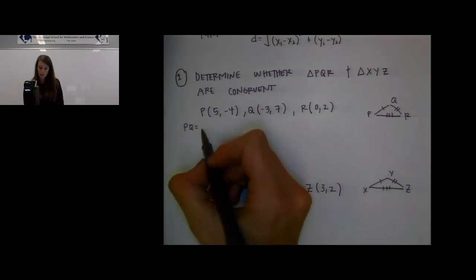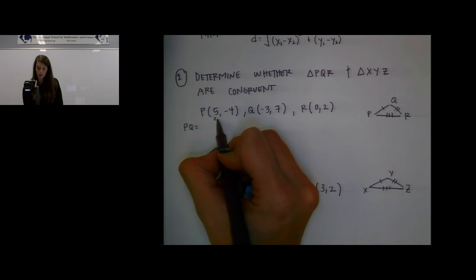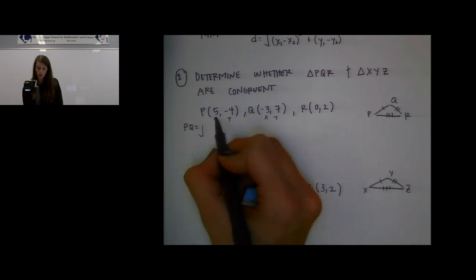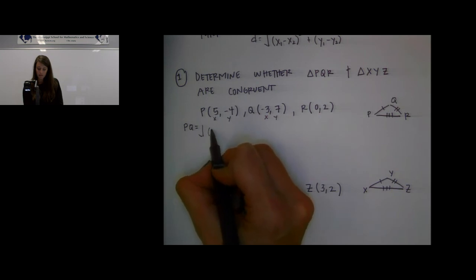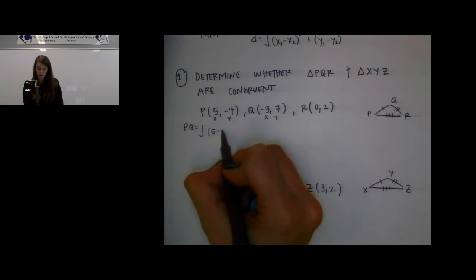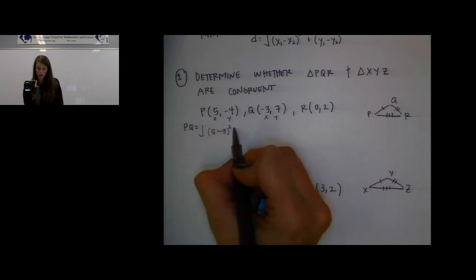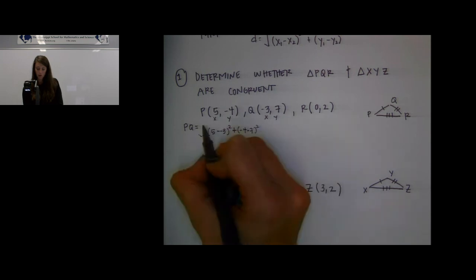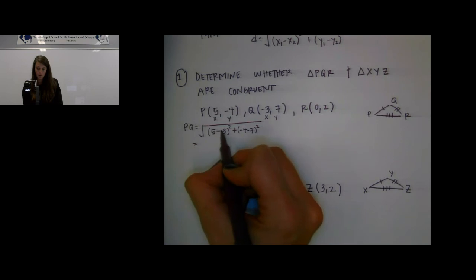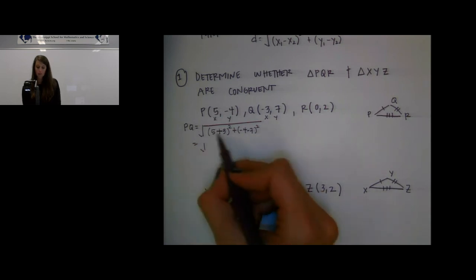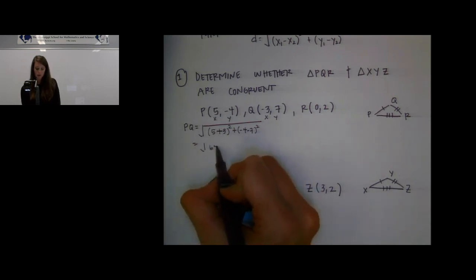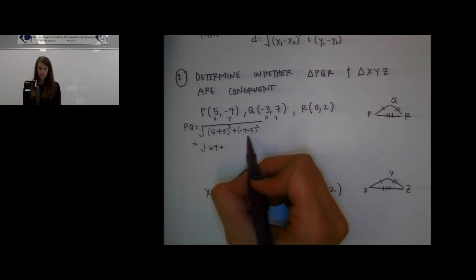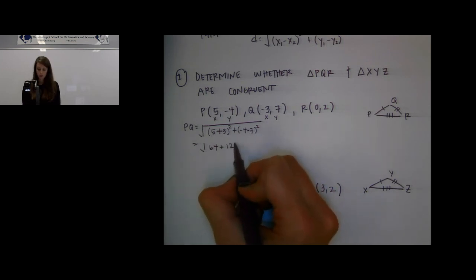So the distance between P and Q: here's your x and here's your y. It would be 5 minus -3, squared, plus -4 minus 7, all of that squared. So the minus turns into a plus: 5 plus 3 is 8, 8 squared is 64. -4 minus 7 is -11, squared is 121.